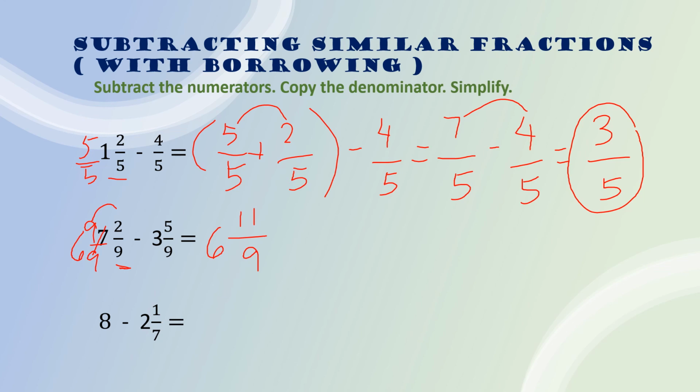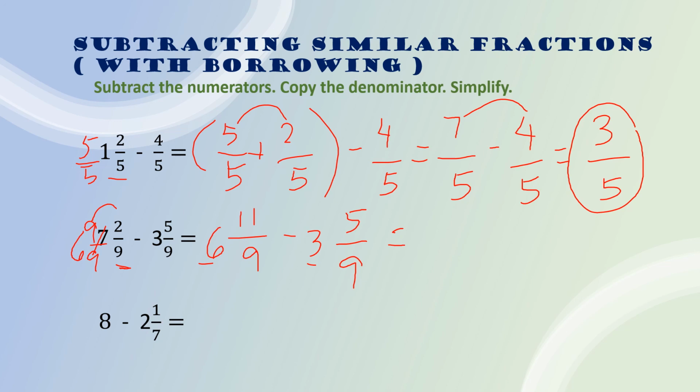Or you can just add the numerator and the denominator here, 2 plus 9. 6 and 11/9 minus 3 and 5/9. Now, can we subtract 5 from 11? Yes. So we can do that now. 6 minus 3, whole numbers first, since they are the same denominators now.